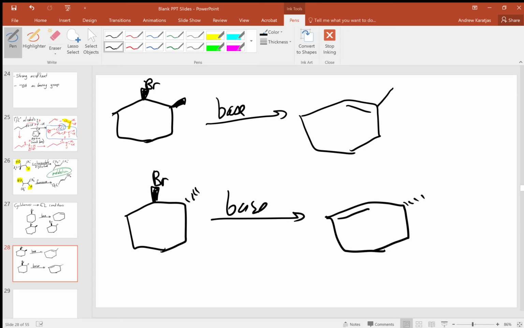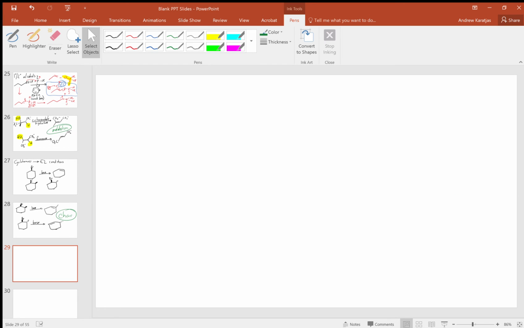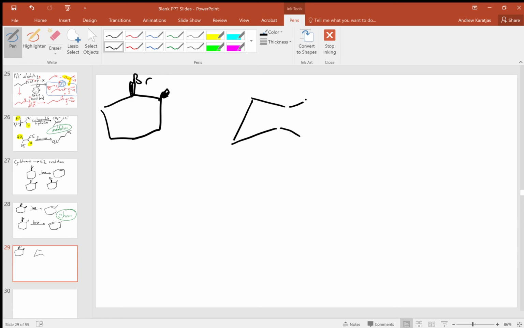Well, when it comes to cyclohexane, what is it that we should always look at? We should always look at it in its chair conformation. Now in this case, I'm going to put the bromine in the axial position and the methyl in the equatorial position.